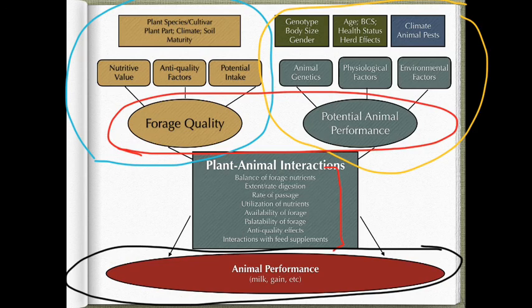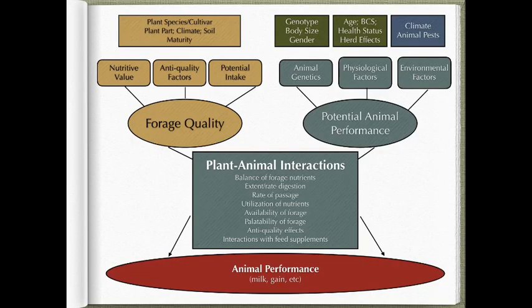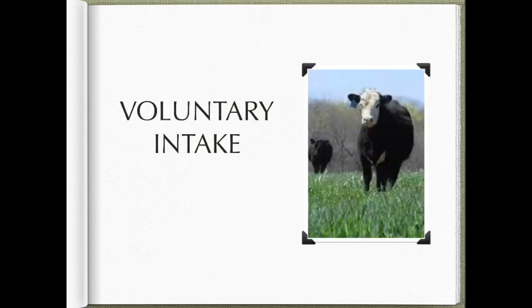And so when we have this many things, you can understand that a simple shift in one of these items could put a shift on everything else and change the dynamics. And that's why I personally enjoy forage nutrition, because it is never the same. What we do one year, what we do one week is going to be different from the next week, all depending upon how things interact in the animal. And so with the next video, I'm going to start breaking down some of these individual components in terms of understanding forage quality.